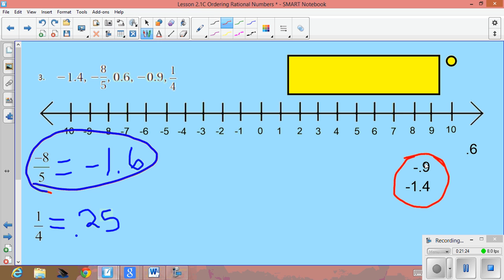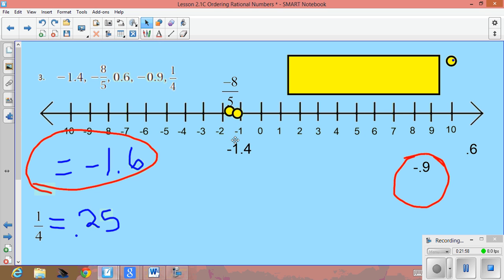So we will have negative 8 over 5 be the smallest number here, which is between 1 and 2, which is a little greater than half. So there's negative 8/5. Next we have negative 1.4, which is just a little less than half.